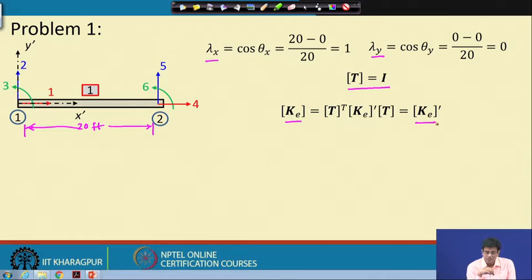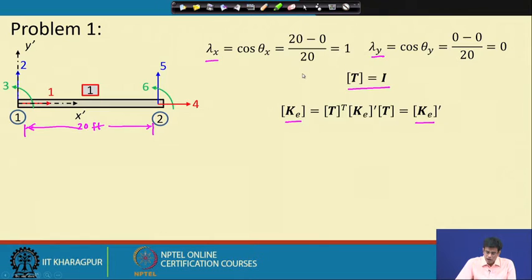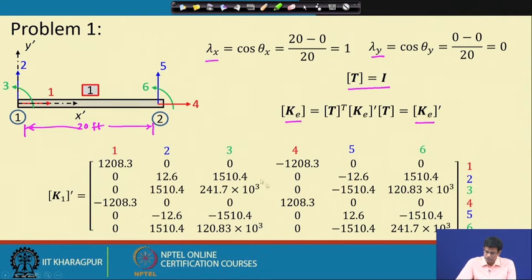That means the local and global stiffness matrices are the same, because the element is entirely aligned with the global xy axes, or the structural xy axes. So we know the stiffness matrix, which is of this form. Our objective is to find the internal loading in this member.